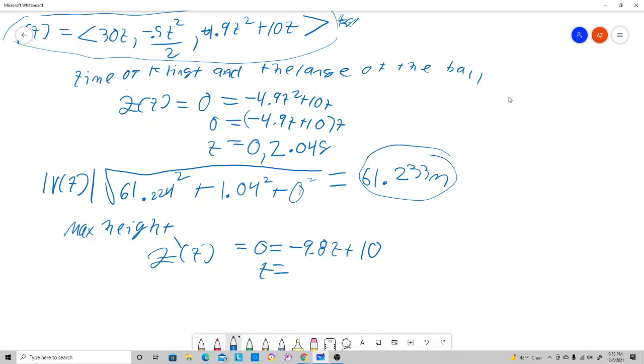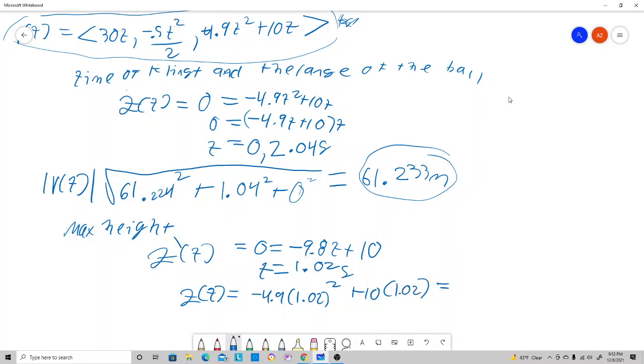Once we isolate for t, it's going to tell us the time where it's at its maximum. So 10 divided by 9.8 gives 1.02. That's the time in seconds. So now what we have to do is plug it into the regular z component this time. So negative 4.9 times 1.02 squared plus 10 times 1.02.